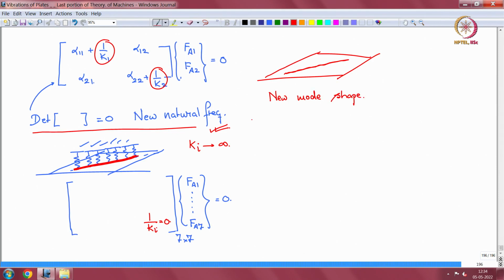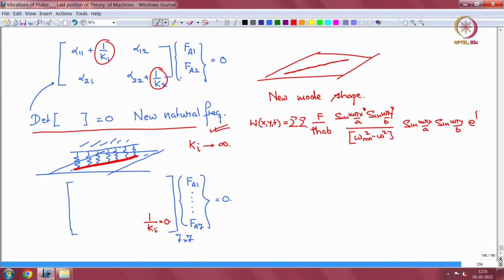First of all, the response of the plate is a double sum, force over rho h a b, sine m pi x star by a, sine n pi y star by b, by omega mn square minus omega square, into the mode shape sine m pi x by a, sine n pi y by b, e to the power j omega t.